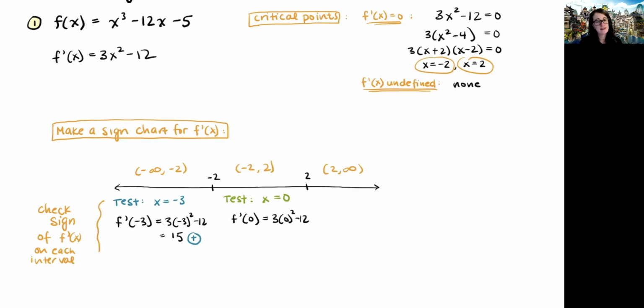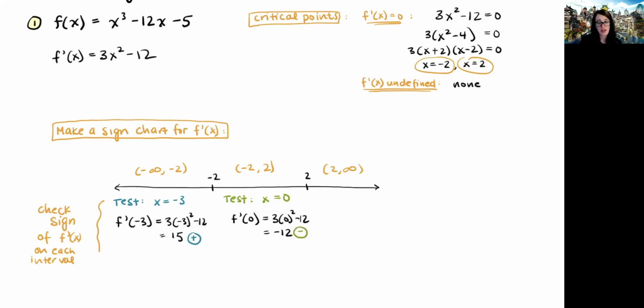We've got 3 times 0 squared minus 12. 3 times 0 squared is 0, and so we've got negative 12 for our derivative sign between negative 2 and 2. So that'll be a negative derivative.